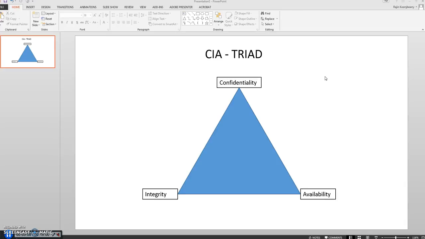So those are the three components of any information security program. These components provide the assurance that data that we are using on a daily basis is actually trustworthy, confidential, and also available.